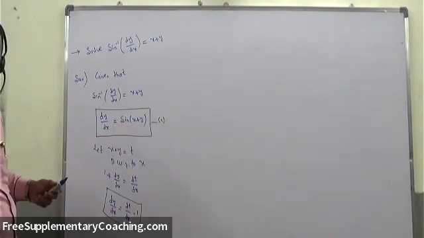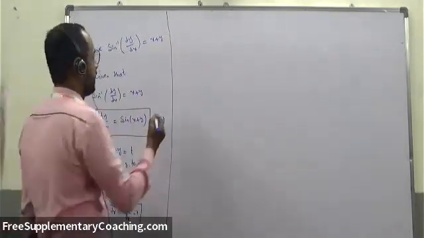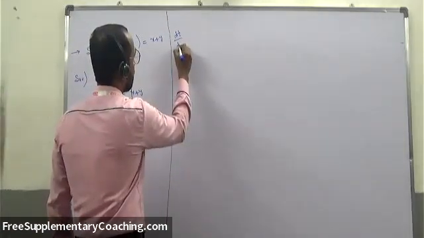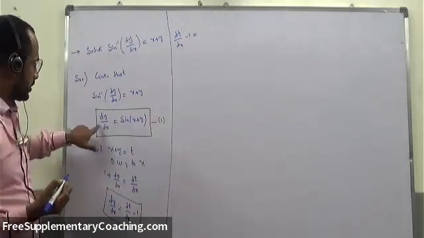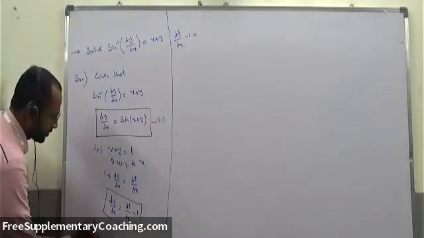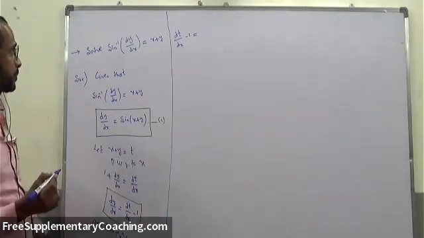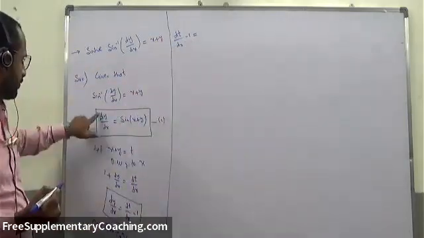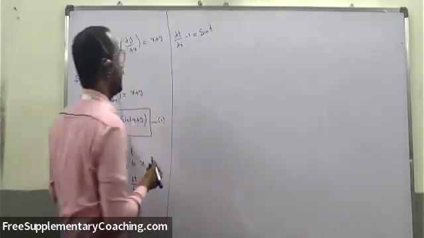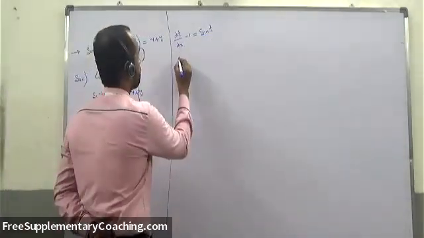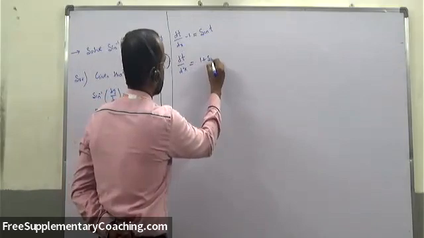So dt by dx minus 1 is equal to sine t. This minus 1 goes across and becomes plus 1, so dt by dx is equal to 1 plus sine t.